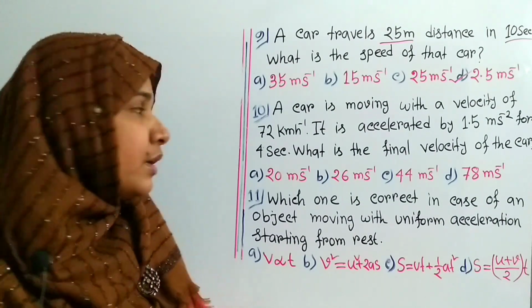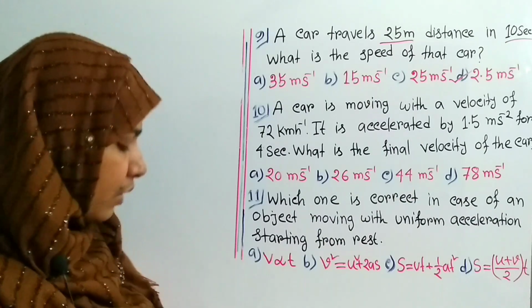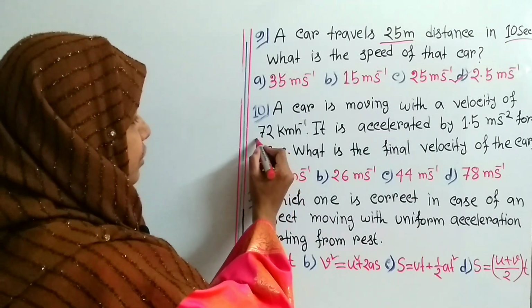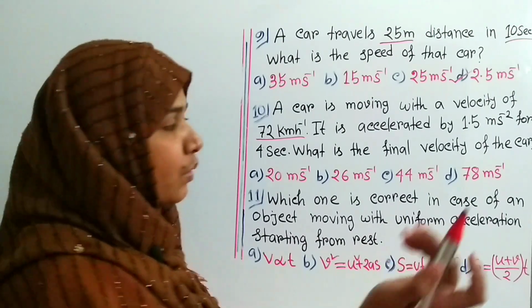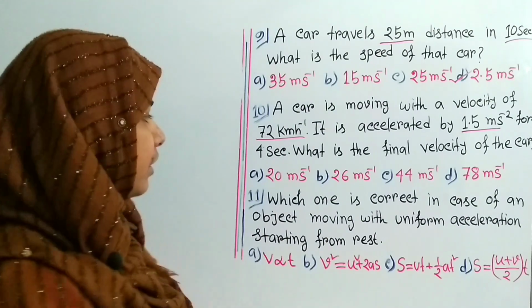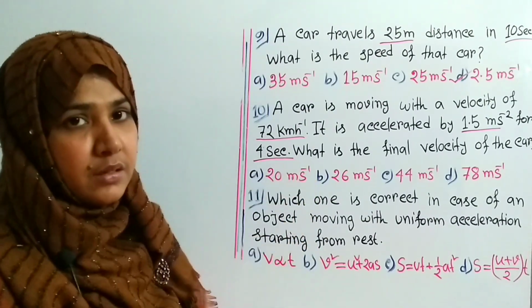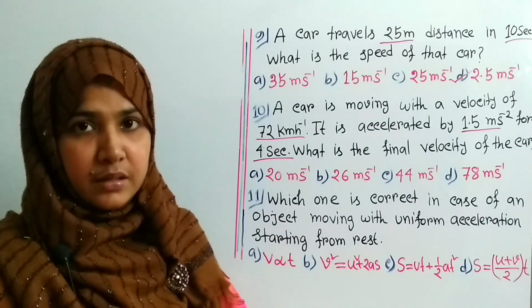Question 10. The question is, a car is moving with a velocity of 72 km per hour. It is accelerated by 1.5 meter per second square for 4 seconds. What is the final velocity of the car?